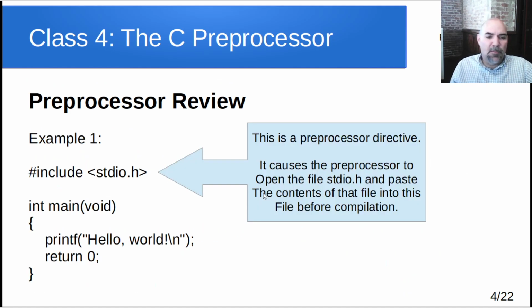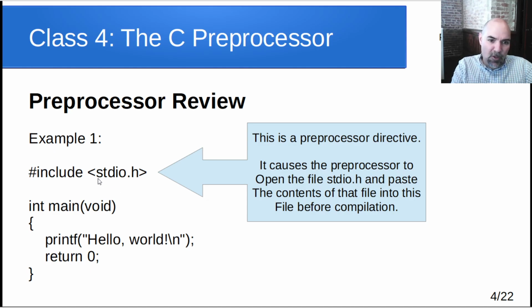All right, so an example of that we saw before is this #include statement in this little program we have down here: #include <stdio.h>. That's a preprocessor directive. In this particular case it causes the preprocessor to say, oh, there's a preprocessor directive.